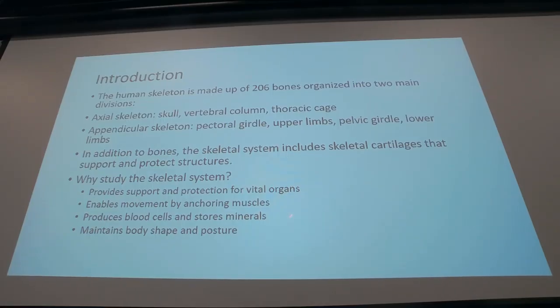And also, you already know that our skeletal system stores minerals. Which is the main mineral that is stored by our bones? Calcium. And then, thanks to our skeletal system, we have a specific body shape and posture.